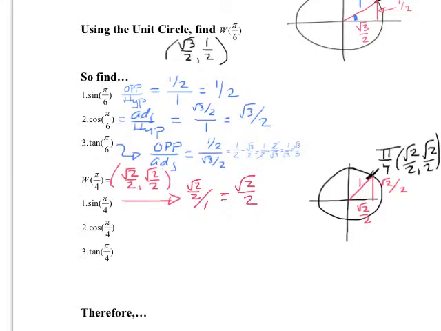And cosine of pi over 4 is adjacent over hypotenuse, which is root 2 over 2 over 1, which is root 2 over 2. And finally, tangent of pi over 4 is opposite over adjacent, so that would be root 2 over 2 over root 2 over 2, which is equal to 1.